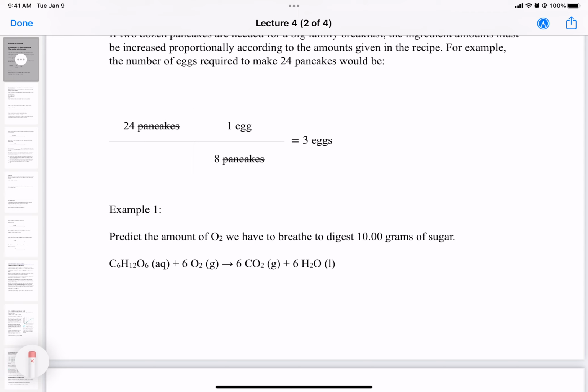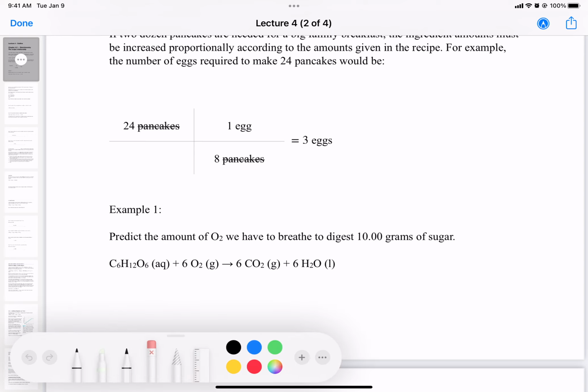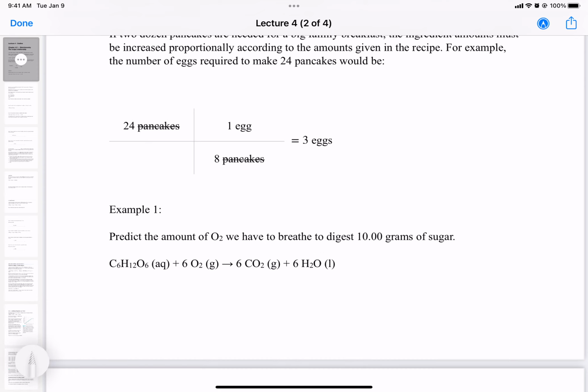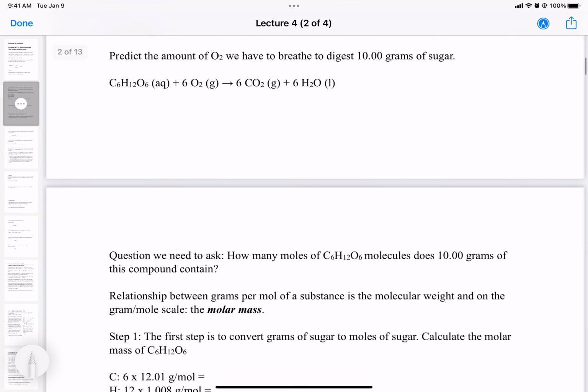It doesn't refer to grams. So in the chemical equation, we cannot simply translate it to grams, like, oh, 1 gram of glucose or sugar is equal to 6 grams of oxygen. We can't do that. So you see in this equation here, it's going to be on the mole scale. All right. So how many moles of glucose molecules does 10 grams of this compound contain?